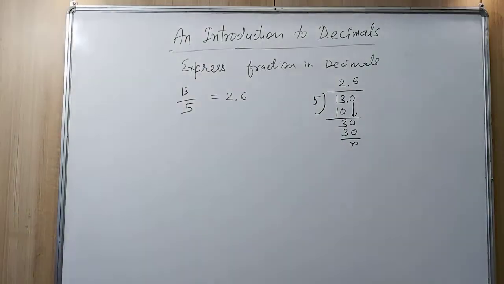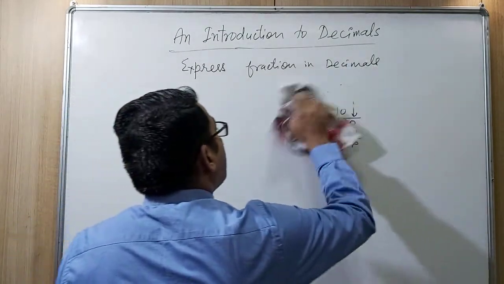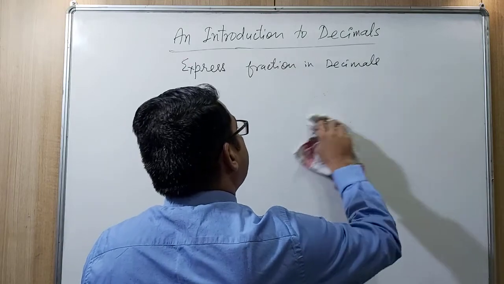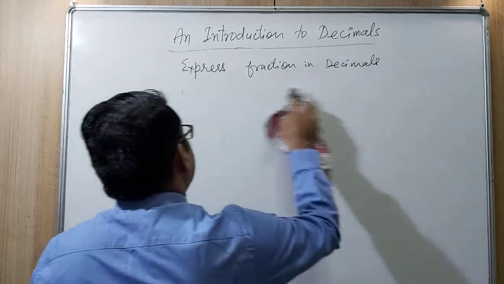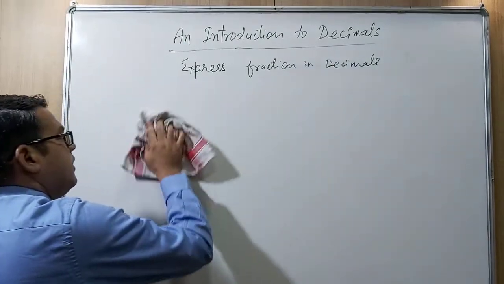Hope you understand. So in this way, you can express any of the integers and any of the fractions in decimal numbers, right?